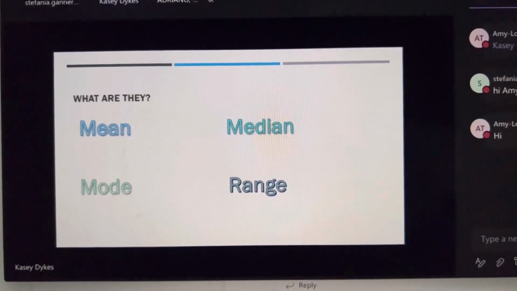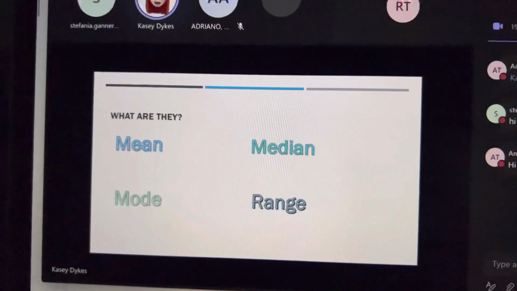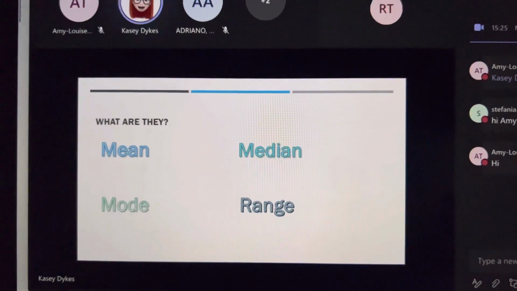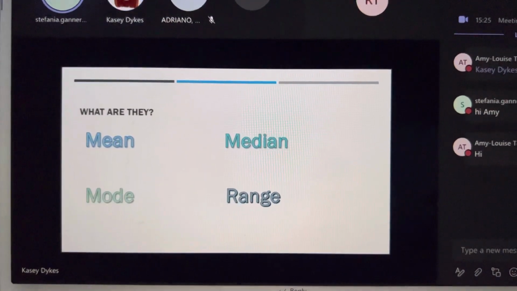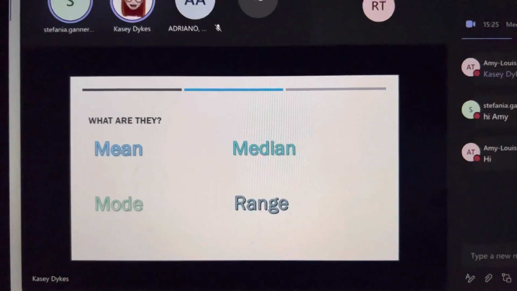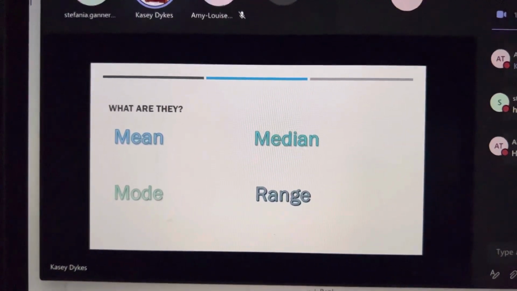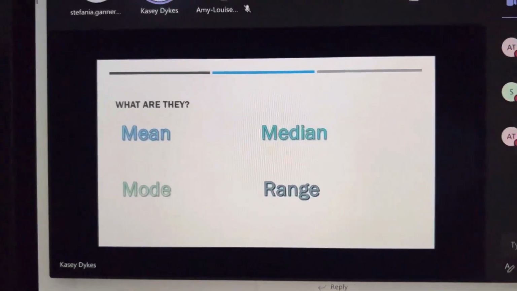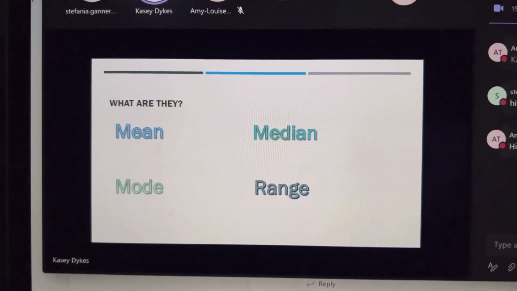Is the range the smallest and the biggest? It is, yes. And is the median the middle number in the set of values? It is, yeah, good. Cool, okay, so let's go through each one, but I think the only one no one's mentioned so far is mode, but let's have a look.